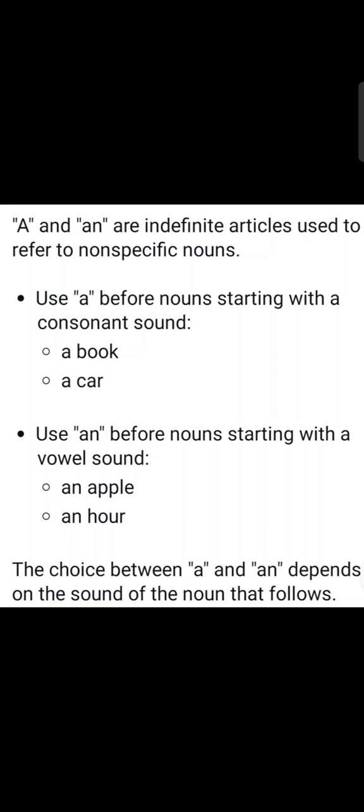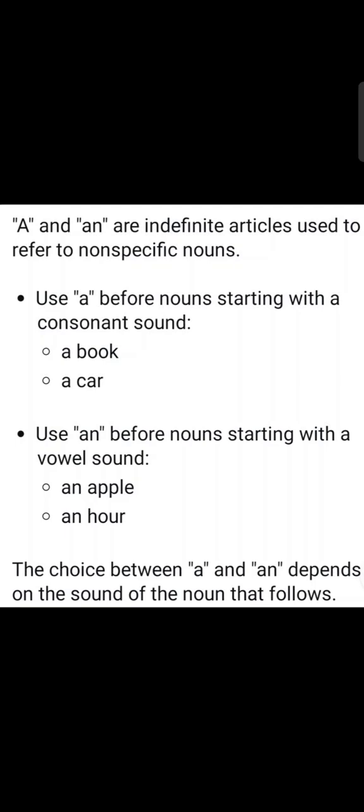Okay, similarly there is another word, that is university. Here we can very clearly understand from this word university that it starts with the letter U, and the pronunciation of university is from the "yoo" sound.